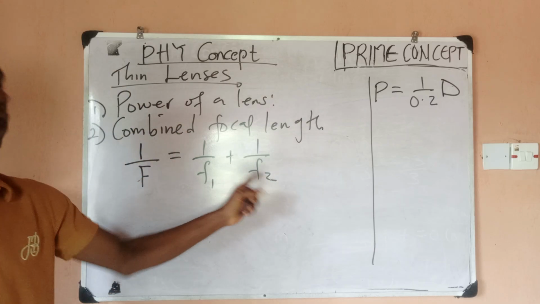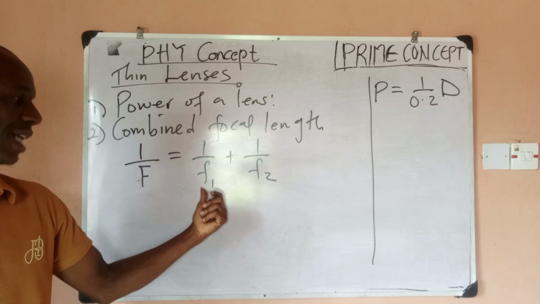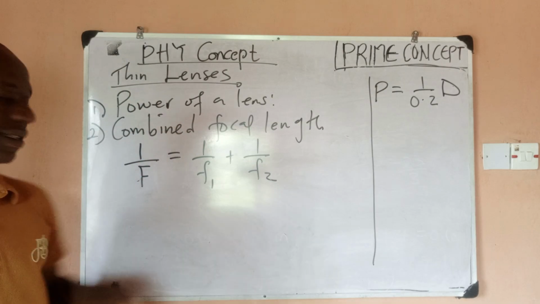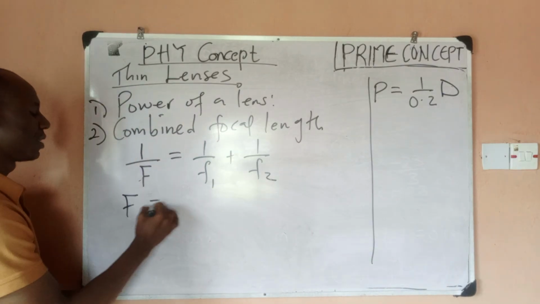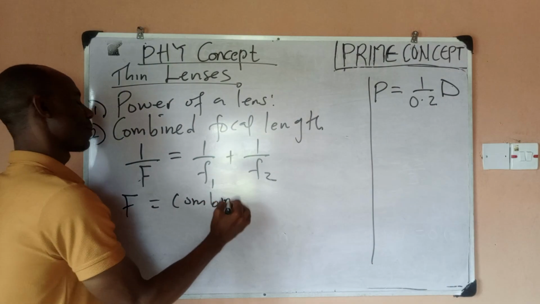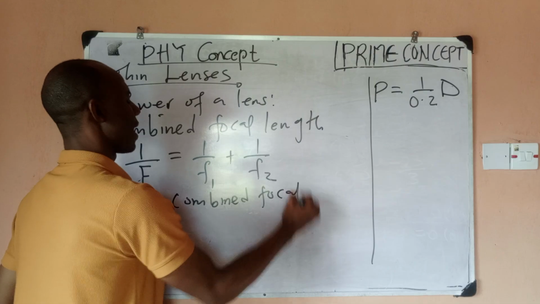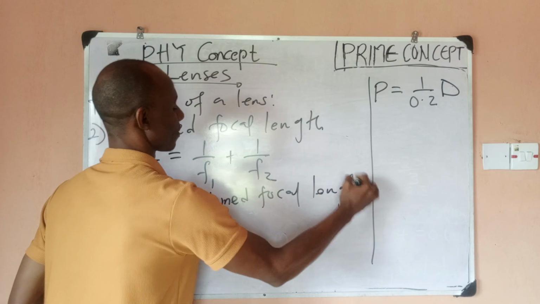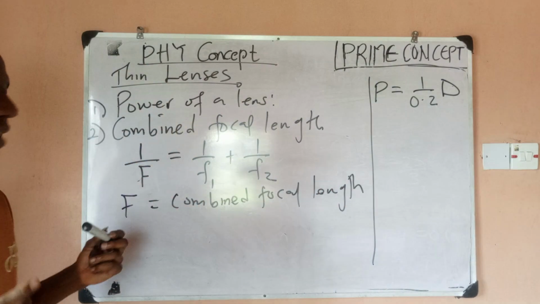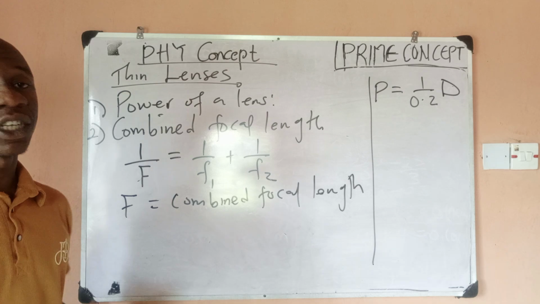So these are the two combined lenses, and these are their respective focal lengths, and f is the combined focal length.